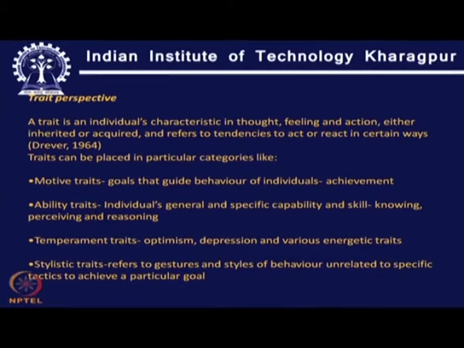Trait perspective. A trait is an individual's characteristic in thought, feeling and action, either inherited or acquired, and refers to tendencies to act or react in certain ways. So if you can see, a trait is a characteristic.